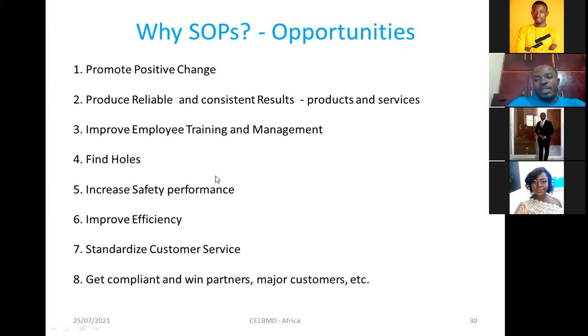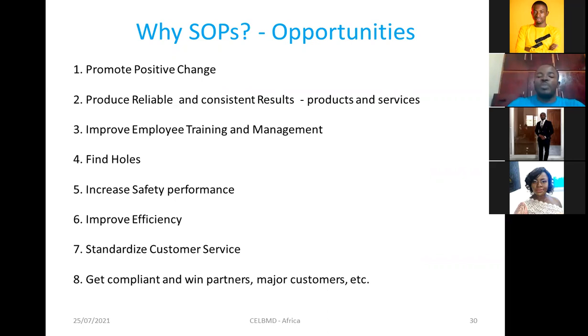Every single weakness is likely identified through SOPs because the procedures are so clearly highlighted, elaborated, and standardized that something that's out of the ordinary can easily be identified and the procedure reviewed to take care of that weakness.